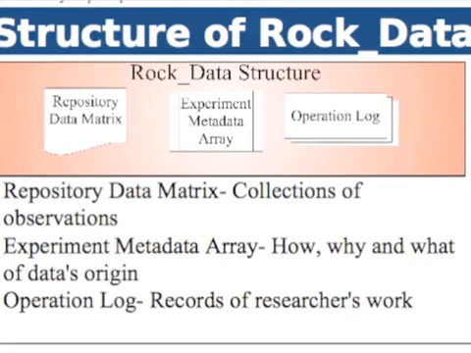The rock data structure contains the repository data matrix, which is the actual stress and strain values or whatever things we're measuring in the experiment. The experimental metadata tells us information about the experiment that helps us run programs on it, and the operation log tells us the history of the particular rock data structure that we're talking about.